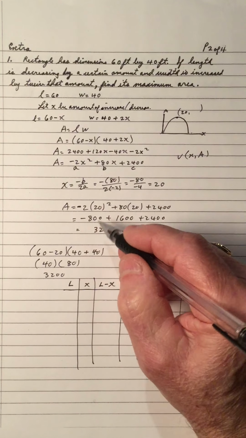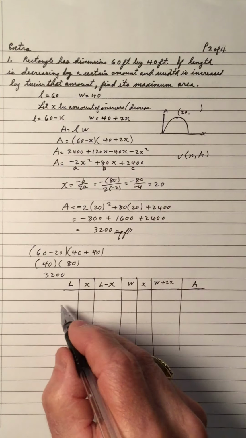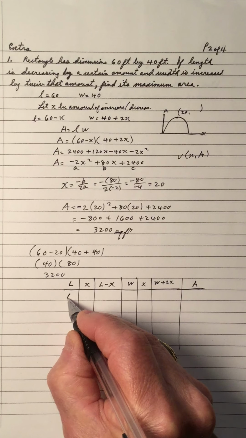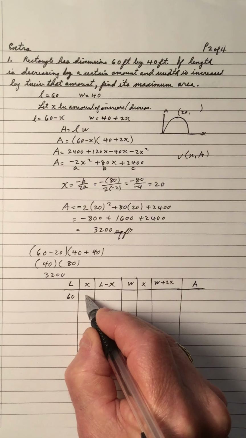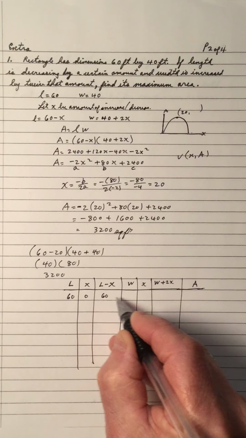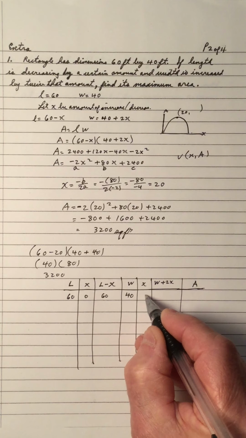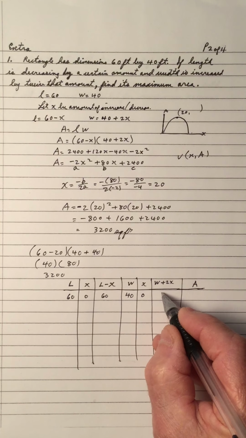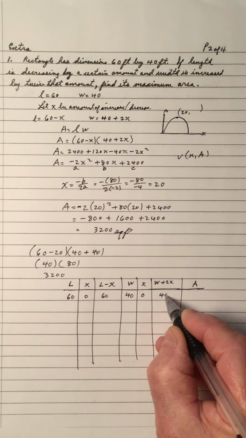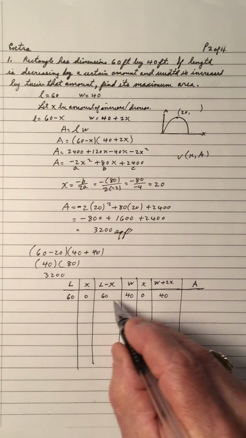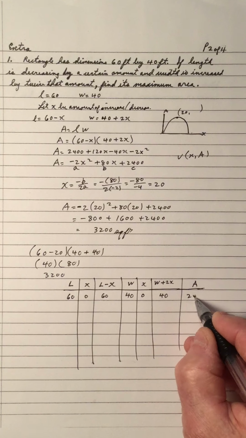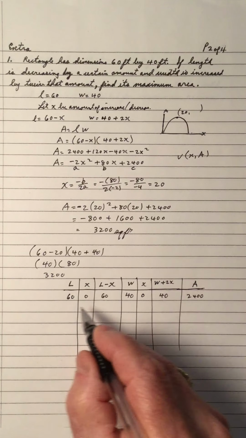We did it this way and everything worked out, but let's see. Let's say the length is 60 and there's no increase, and the width is 40 and we have no increase, so that's still 40. So the area is 60 times 40 is 2400.